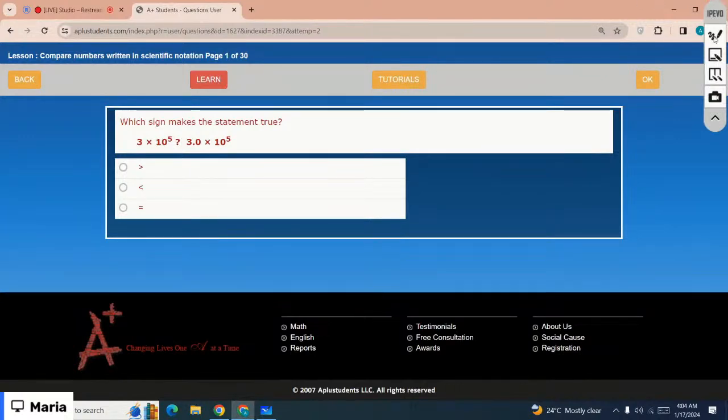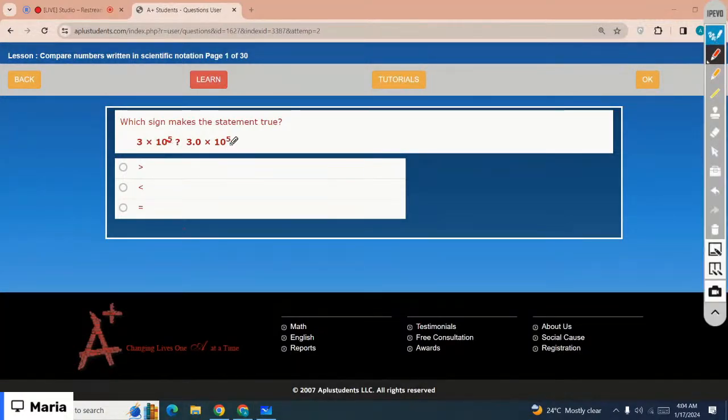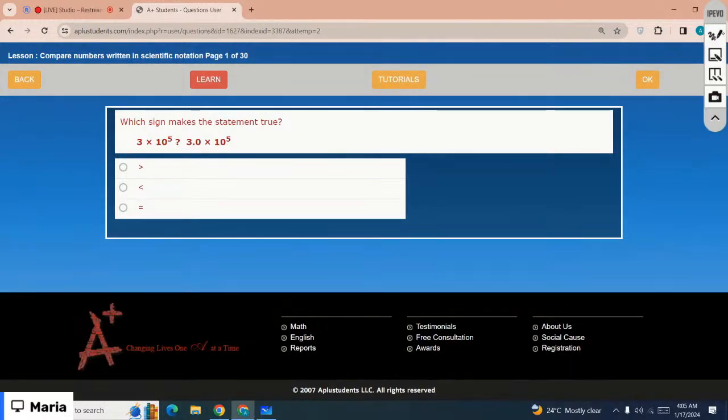First you look at their exponents, 5 and 5. Their exponents are equal. Now look at the numbers over here, 3 and 3, they both are exactly equal. That means these two are exactly equal, isn't it? They are equal. Got it?